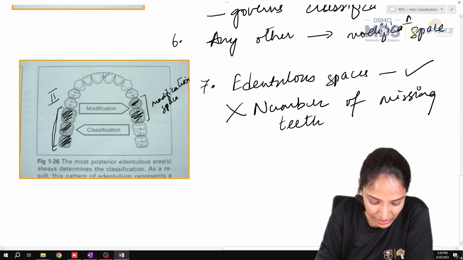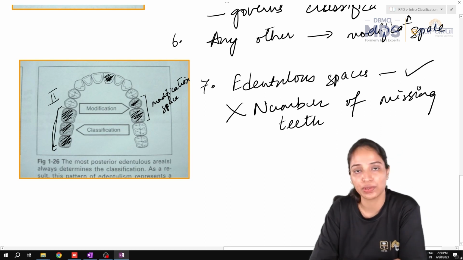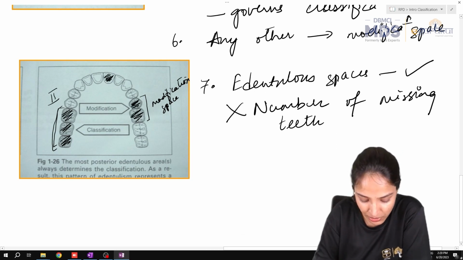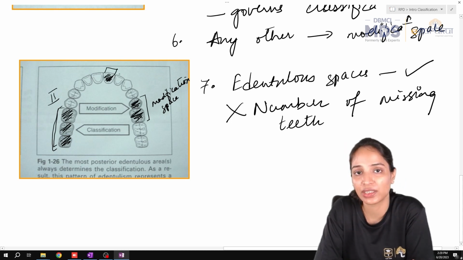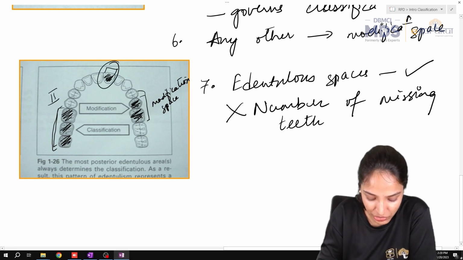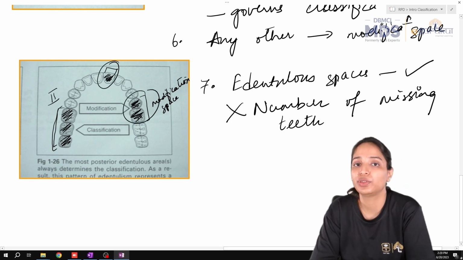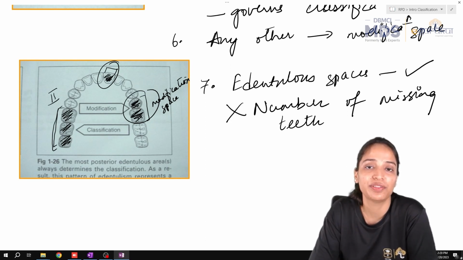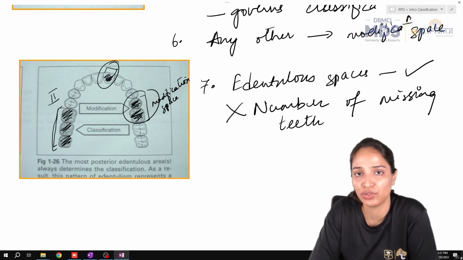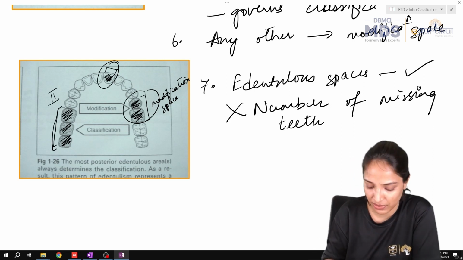Similarly, if this particular tooth was also missing here and this section was also missing over here, then our classification becomes Kennedy class 2 modification space 2, considering that there are 2 additional edentulous spaces. So what rule number 7 tries to say is that consider the number of edentulous spaces only. Don't give importance to the number of missing teeth in the edentulous spaces. That is rule number 7.